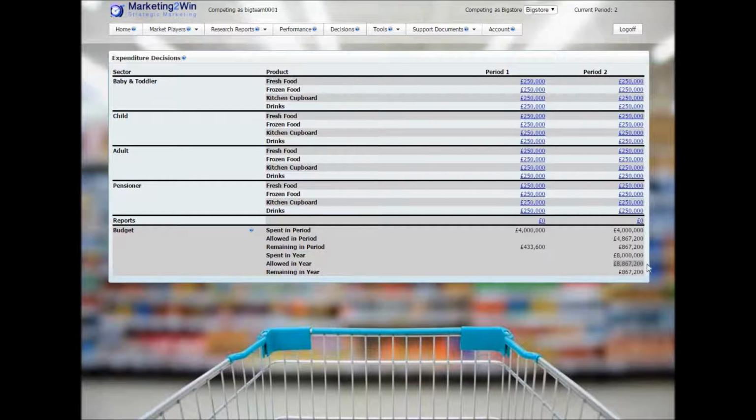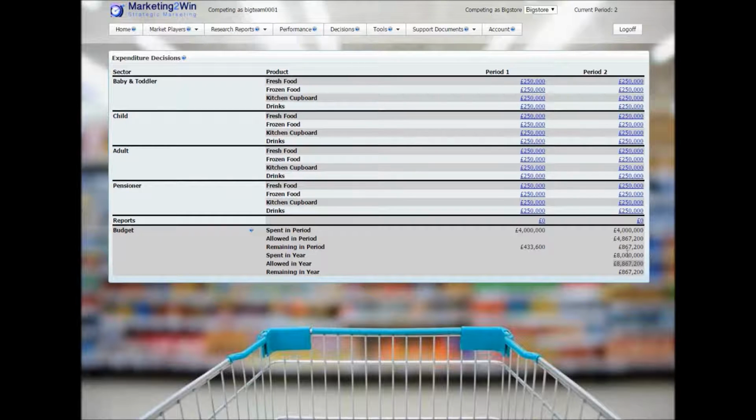So in this case, we can see that the spend that's allowed in the year for Big Store is £8.8 million, but actually they have already spent £4 million in period 1. They're planning on spending another £4 million in period 2 if we don't make any changes. That gives us £8 million in total, which of course is this figure here. And that also shows, therefore, that we have £867,000 left to spend in the whole year.